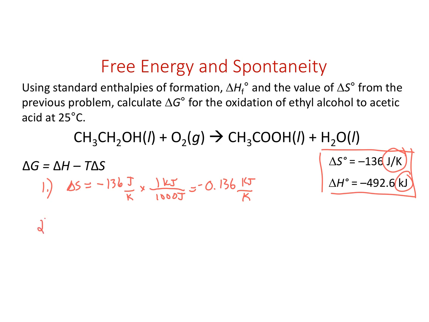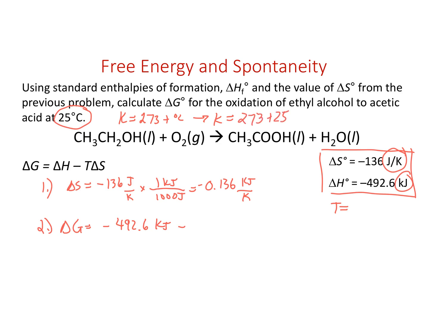Now I can set up my calculation where delta G equals my delta H. My delta H is negative 492.6 kilojoules minus T delta S. Temperature always needs to be in Kelvin, so I know that Kelvin equals 273 plus my degrees Celsius. So my Kelvin temperature equals 273 plus 25.